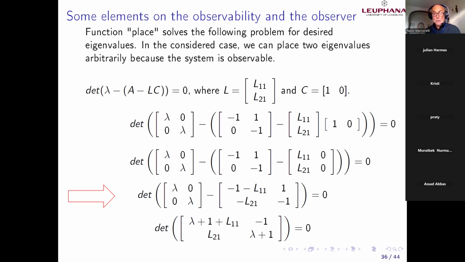This means I will have x hat equal x, both functions of t, in infinite time. Is this a problem? Not really. Practically, not really, because we can speed up the dynamics of the observer as we want. Practically, we use this.